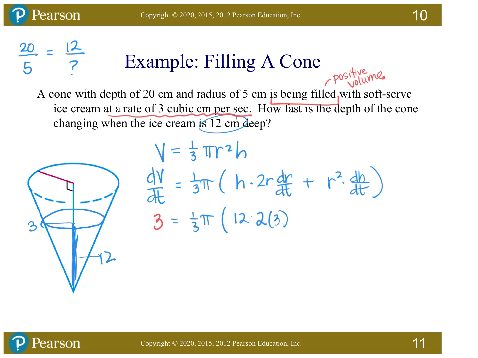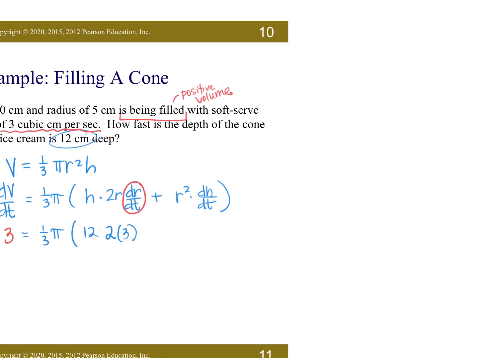Now dr dt, this is an interesting one. Again, its value is not in the question anywhere, it's implied. So we need to go back to this idea here. So 20 to 5 was our height to radius ratio. And when we cross multiply, 20r equals 5h.